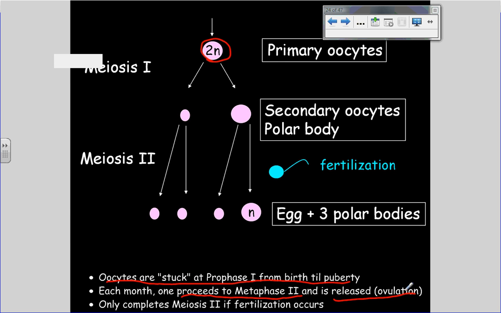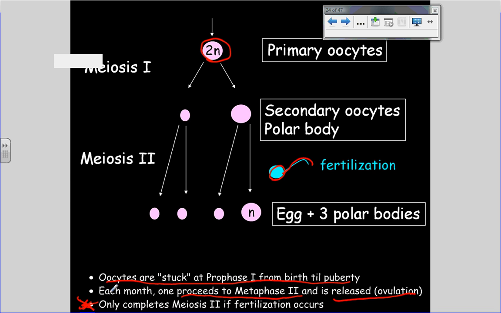We're going to talk more about ovulation in the next chapter, but it will only ever complete meiosis if it becomes fertilized. If the sperm is able to fertilize the egg, then meiosis will finish and the two sets of chromosomes will be united, forming the new nucleus in the organism. So meiosis only ever finishes if fertilization happens.